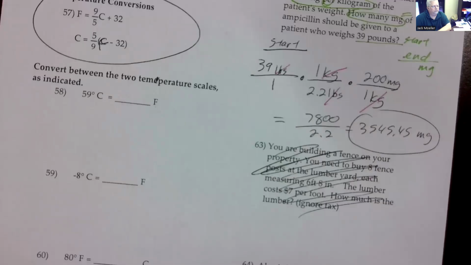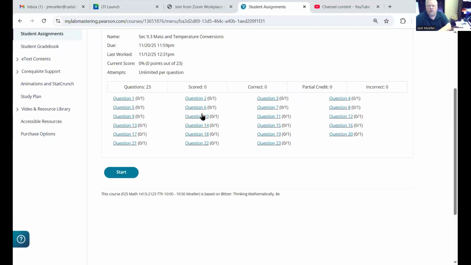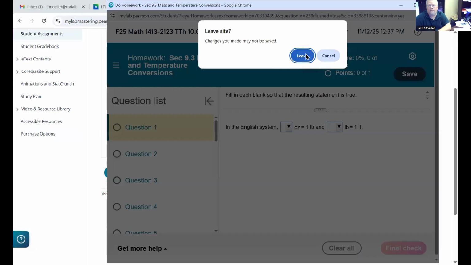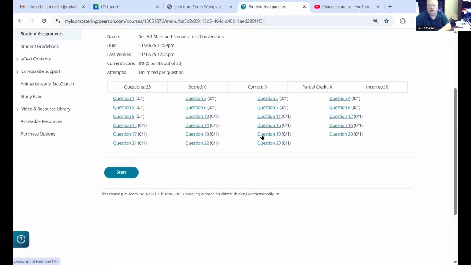So rather than do these, let's go straight to MATLAB, because the old book had word problems that were a little bit different. So I need to update my notes a little bit.